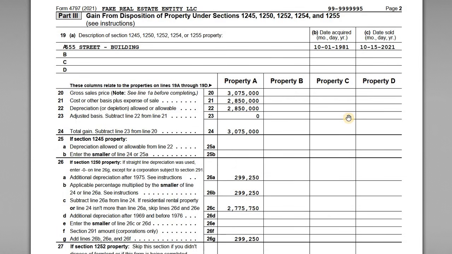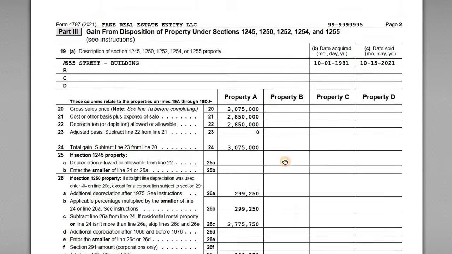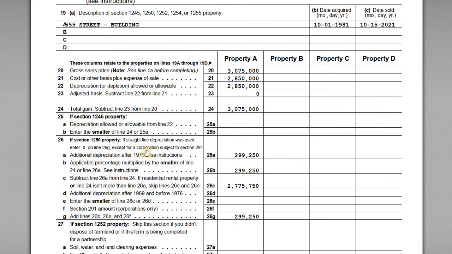I think what's important to remember here is when you're doing the 4797, line 26, for the most part now, you don't see it, right? Because you're putting property into service and selling it, and all this is happening post-1986. But if you do have a property that you've had for a long, long time, and you were depreciating it using an accelerated method before you switched over to straight line, you could have an issue down here.